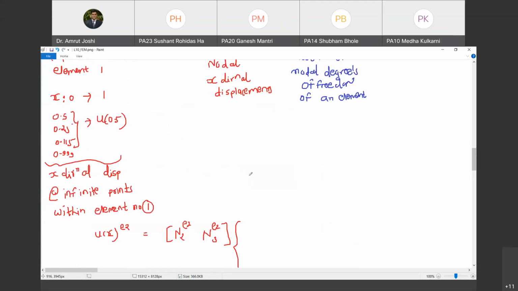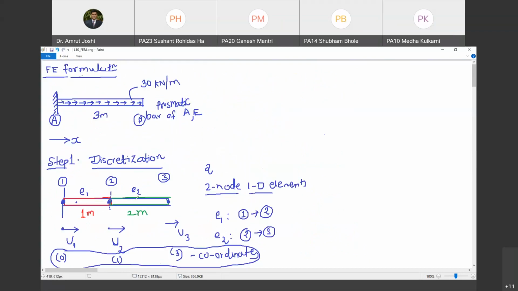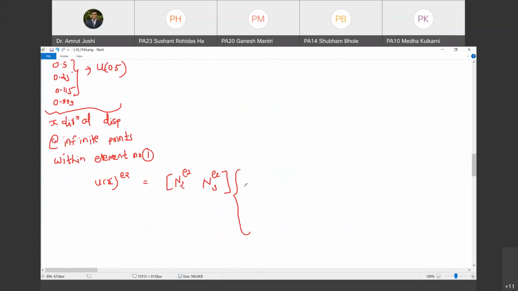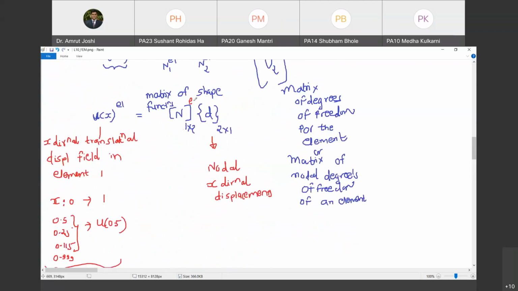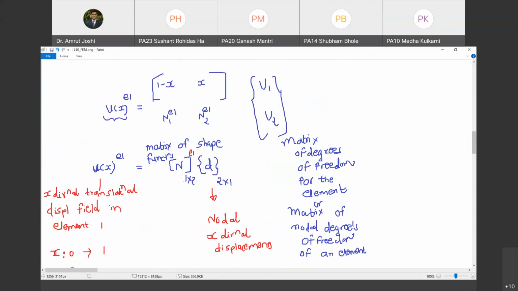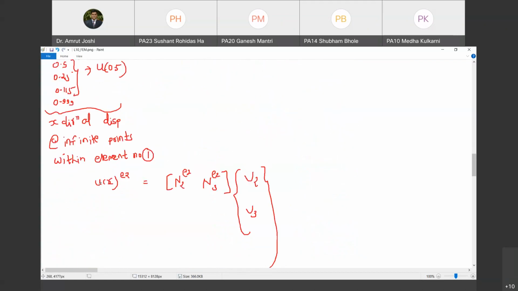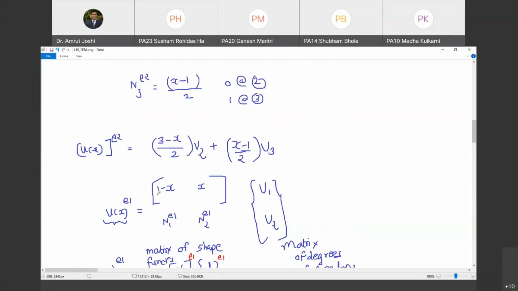This is multiplied by the nodal degrees of freedom for the second element, which are u2 and u3. Mind you, the earlier shape function matrix and nodal displacement matrix are for element number 1. Now this is for element number 2, and u2, u3 are the nodal degrees of freedom for element number 2.